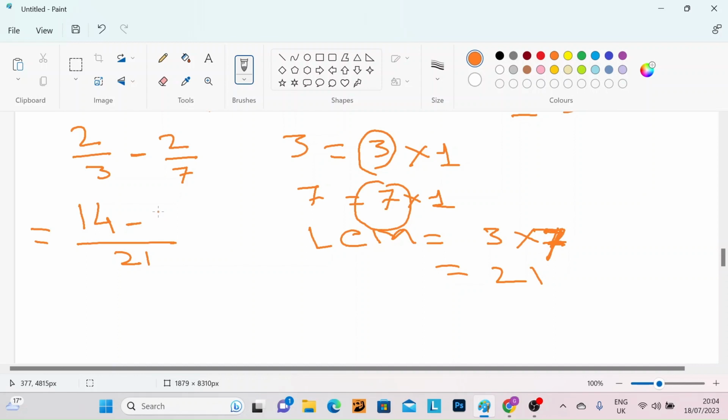Then we have to divide 21 by the denominator of the second fraction, which is 7, and multiply the result with 2. 21 divided by 7 equal to 3. 3 multiplied by 2 equal to 6.